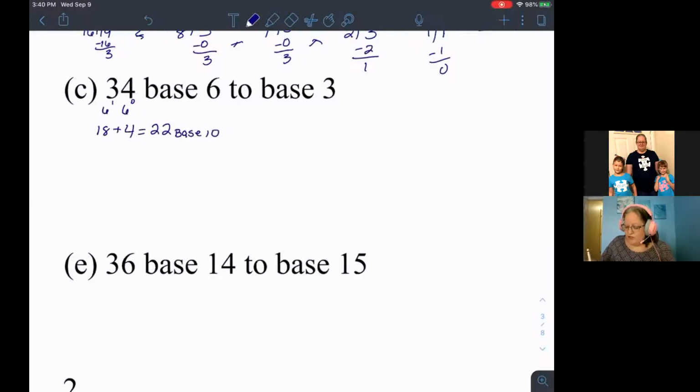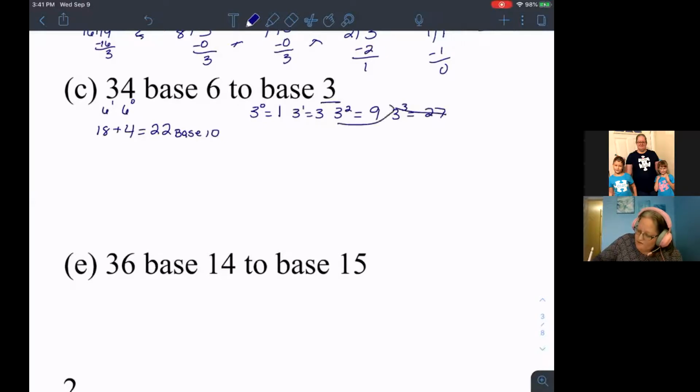In order to change the base 10 number, the 22, to base 3, we're going to find the powers of 3. 3 to the 0 is equal to 1. 3 to the first is 3. 3 to the second is 9. 3 to the 3 is equal to 27, so that's going to be too big.